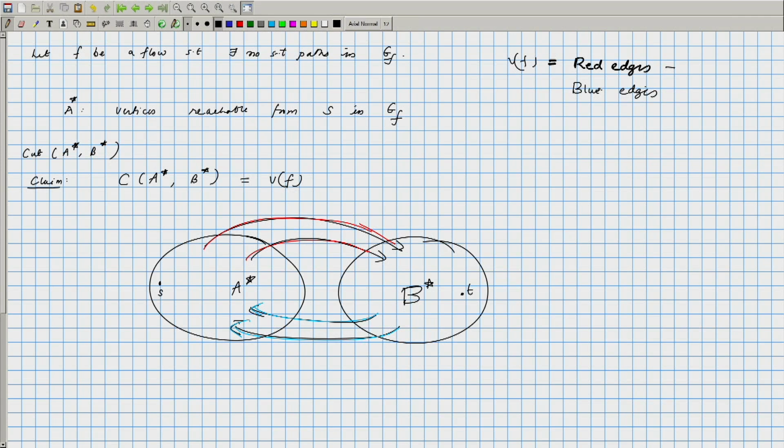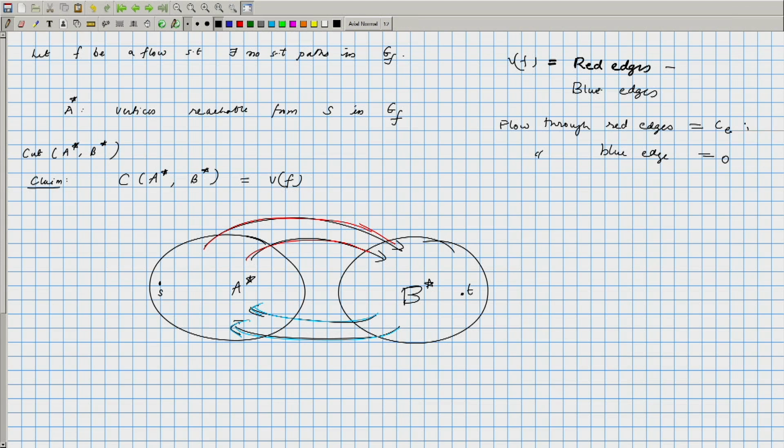What we will argue is that the flow through the red edges is equal to the capacity of the red edges, and the flow through the blue edges is equal to 0. Okay. So, this is a cut which is saturated. If you look at the forward edges in the cut, they have all been saturated, and so this is going to be the maximum possible flow.